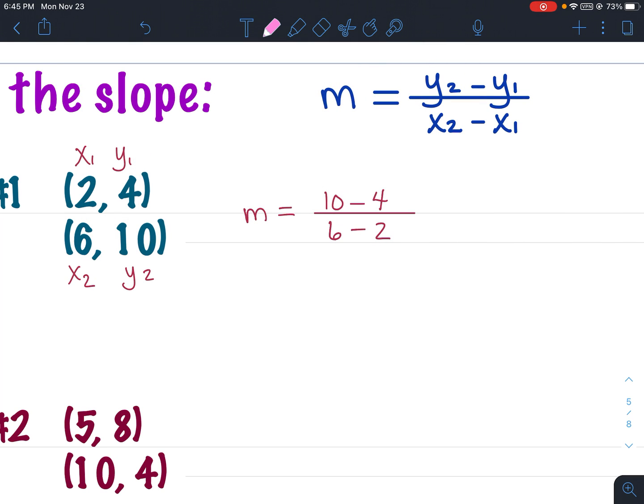So again, y2, y1, x2, x1. And why is it subtraction in between? Because that's what the formula is, subtraction.